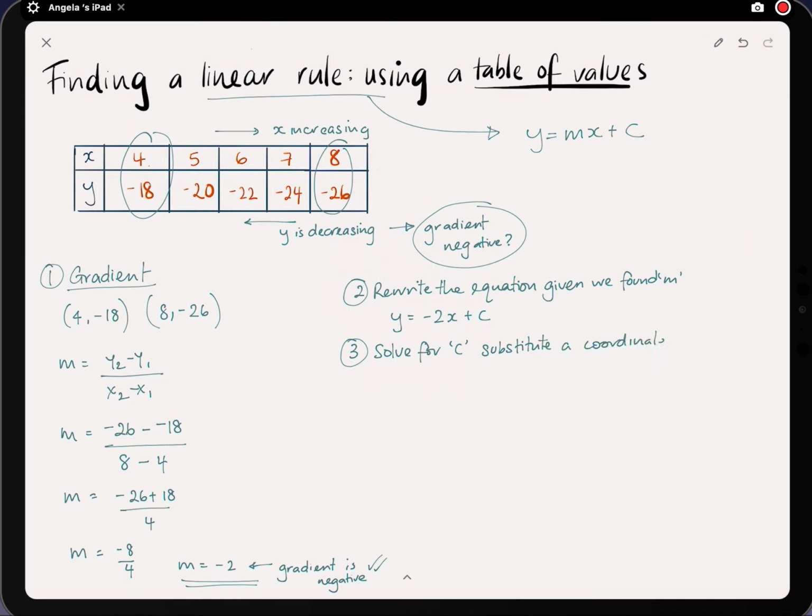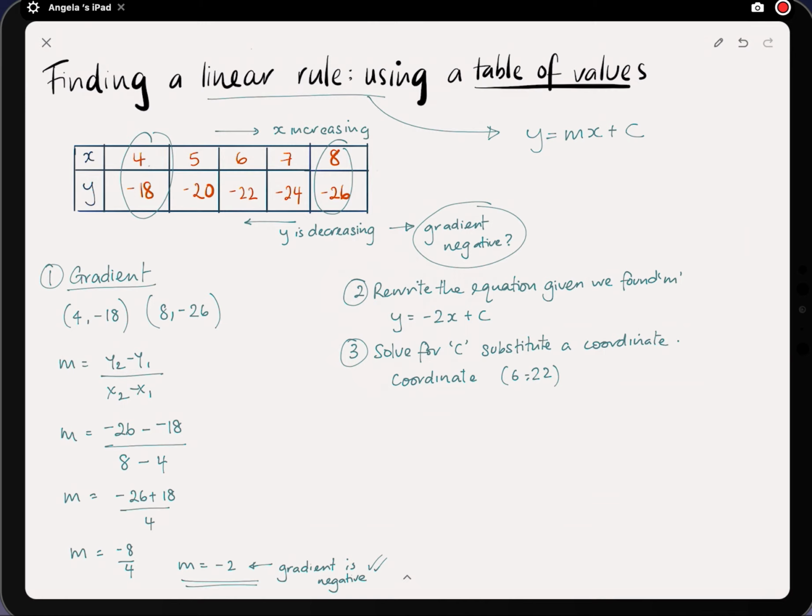Now I can pick any coordinate from the table of values that we've been given. So let's pick the coordinate 6, negative 22. So I would highly advise that if you're going to do this example as part of your practice, pick another set of coordinates. Check and see whether or not you get the same linear rule that I did.